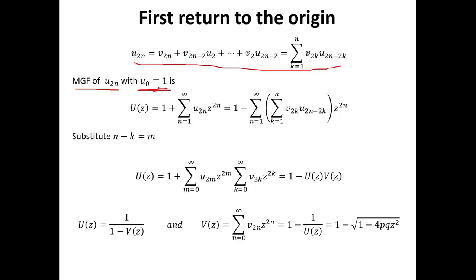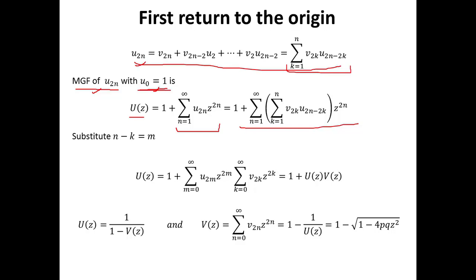So if we calculate the moment generating function of u2n, U(z) will be equal to u0 plus the sum for n equals 1 to infinity of u2n z to the power 2n. This is the formula of the moment generating function we have discussed in one of the previous lectures. If you substitute the expression of u2n, which is given by this series here, you will get this expression.